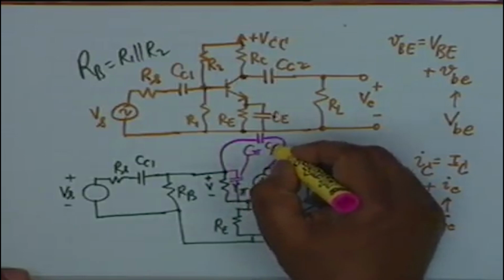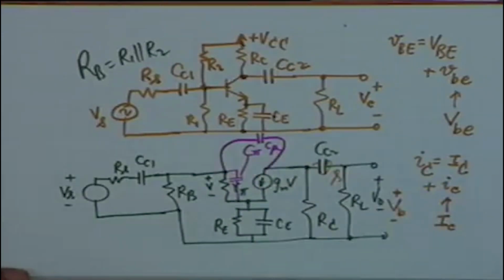This is C mu. If we introduce these two, then this circuit is complete. It can represent low, medium, and high frequencies.